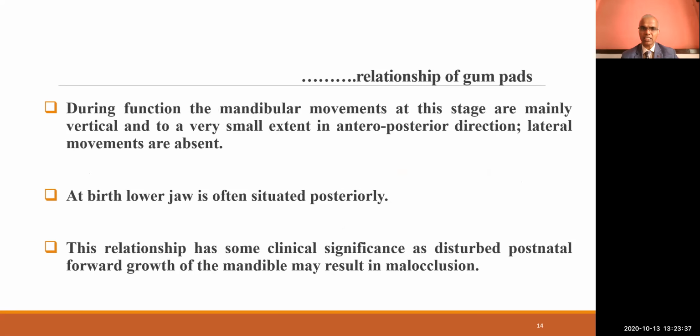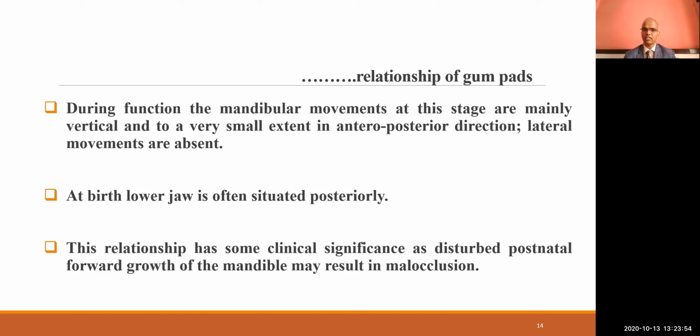During functions, the mandibular movements at the gum pad stage are mainly in the vertical direction, with a very small extent in the anteroposterior direction, and lateral movements are absent.